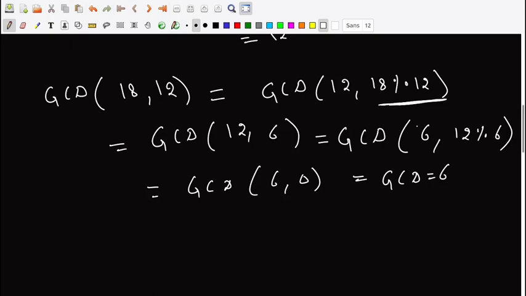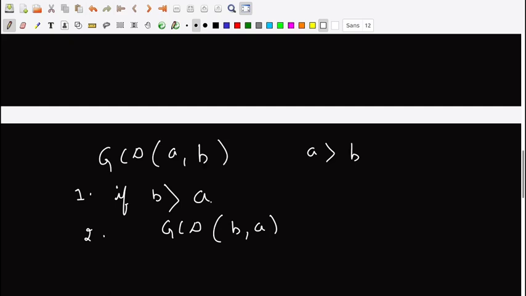So if A is less than B, then in such cases we will flip A and B, and the result would be the same.